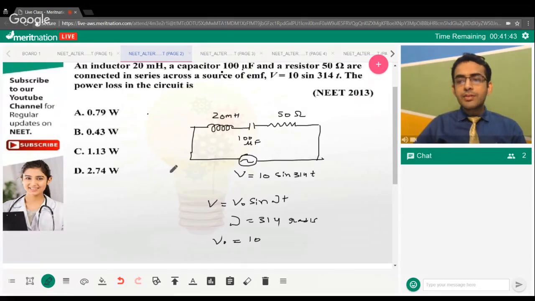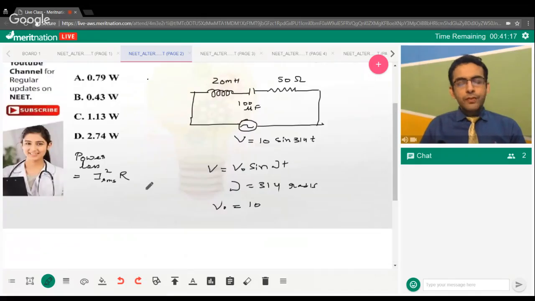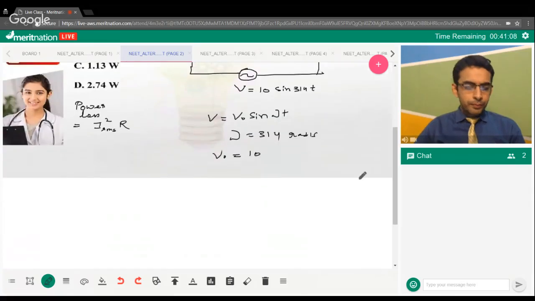In an LCR circuit, the power loss is given by I Rms squared into capital R, where I Rms is the Rms current. So first of all, we'll find the Rms current. First you should understand what Vrms is.